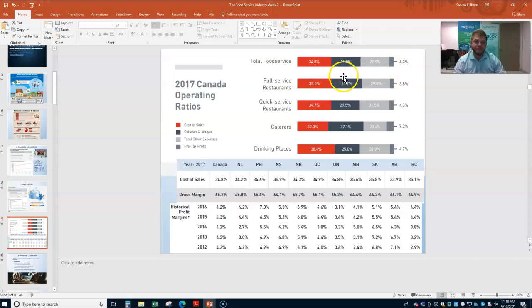Now, as you can see, the average food and beverage company only keeps 4.3% of their revenue, which means if you make $100, you're keeping $4.30. If you make $100,000, you're keeping $4,300. So it's really not great, right?